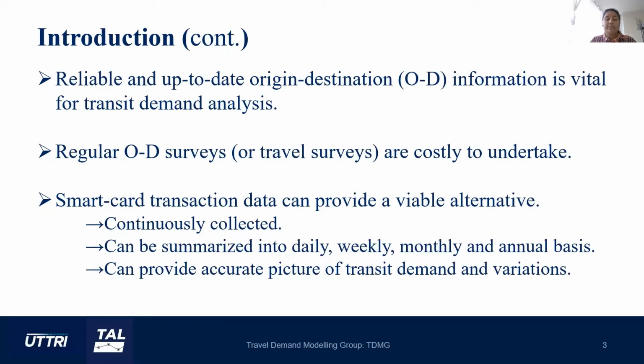The data can be aggregated by different temporal units, say on a daily, weekly, or even annual basis, to provide an accurate picture of transit demand and its variations, like seasonal variations or weekday versus weekend variations and so on. So this data has the potential to provide high quality and up-to-date OD matrices of the transit network.